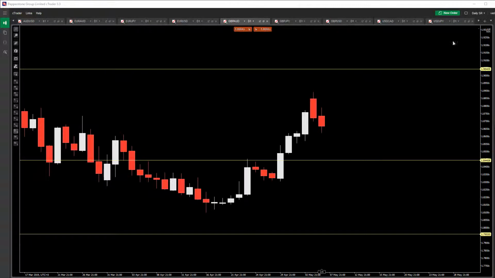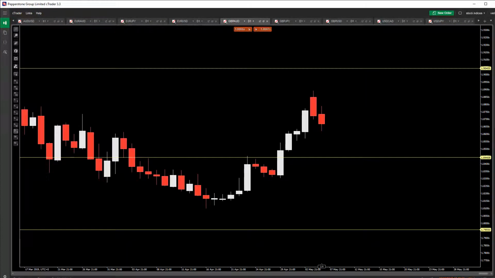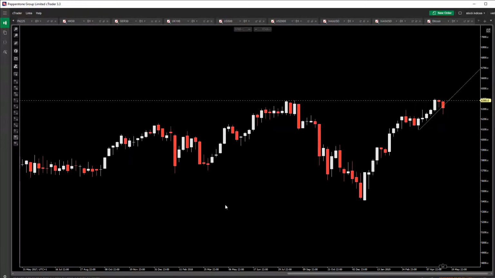Last but not least, we've got the ASX 200, which is the top 200 company share index for the Australian market. Right now I'm looking at the weekly chart, and as you can see, price hit major resistance at 6380, and so far it hasn't been able to break that.